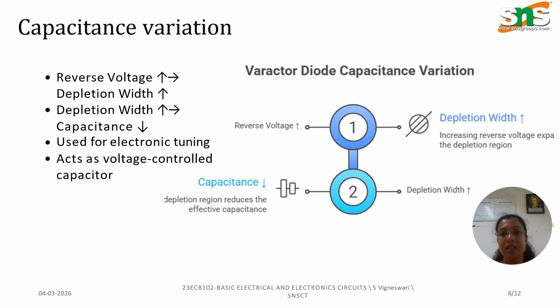If you look at the graph, you can see the variation of the capacitance with the voltage. As the voltage increases, the capacitance reduces. This controlled variation allows the diode to act as a voltage controlled capacitor, which is extremely useful in tuning circuits.